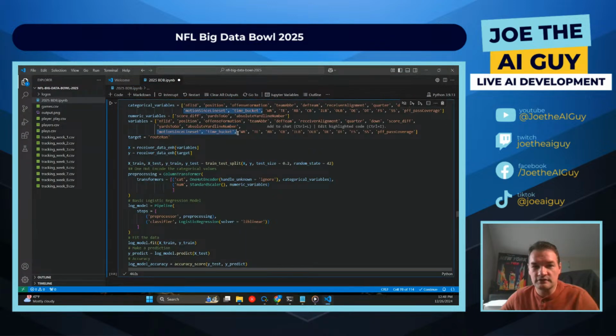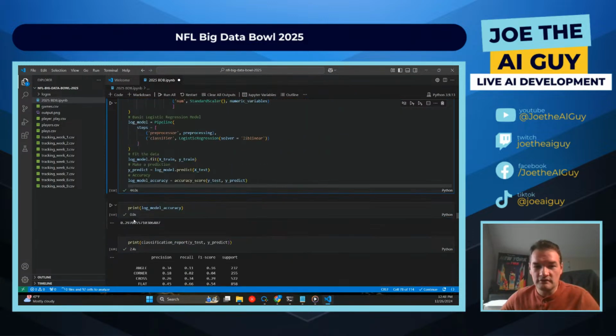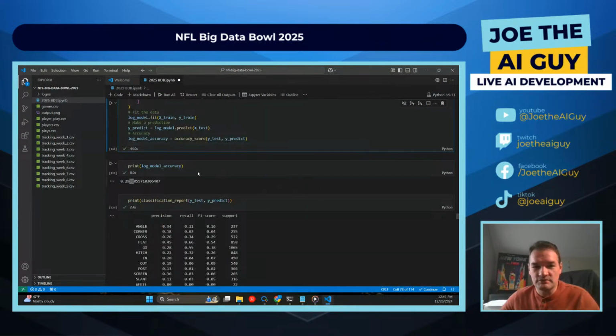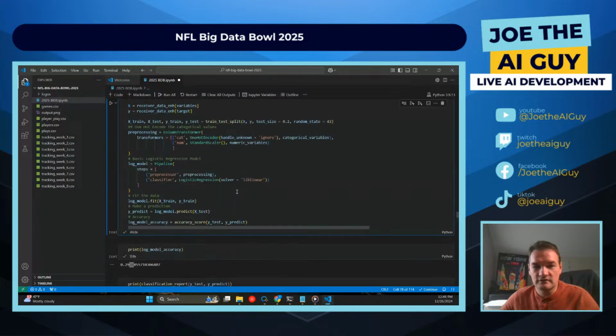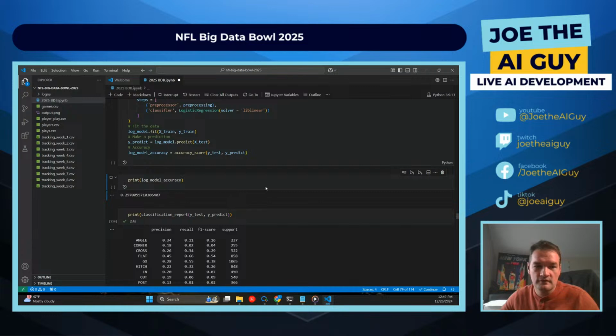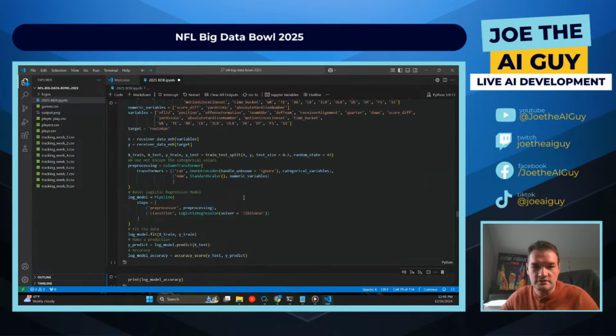Clean some of this up while this is running. We're starting to see here now, it's starting to get longer, and you can see it barely moved that average, right? Just knowing the pass coverage did not particularly help the model outcomes here. So we had, was it 29% accuracy before, and now we're up to 29.7. Rerun this real quick and see.